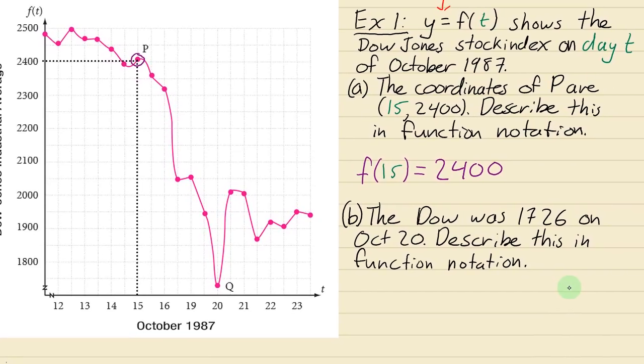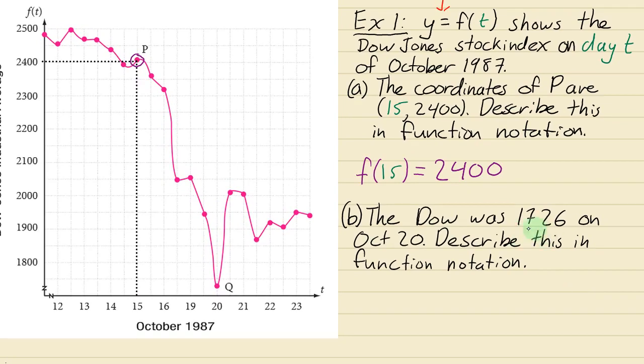Let's look at this one. We have that the Dow was 1726 on October 20th. So 1726 is the stock market index value. So that's the result of the function. So we're going to write that as f of something equals 1726.